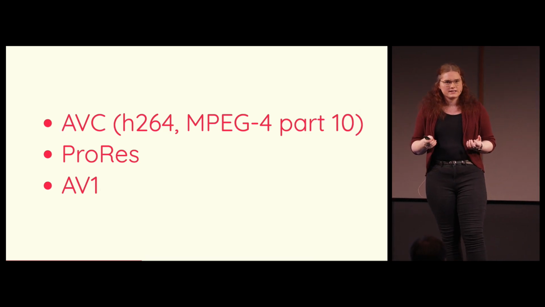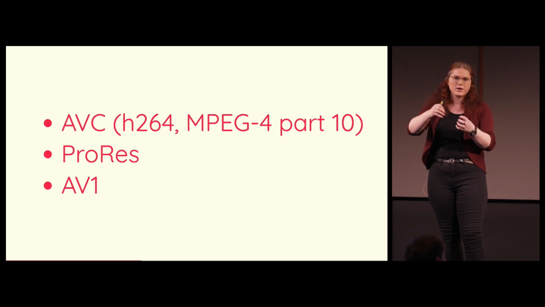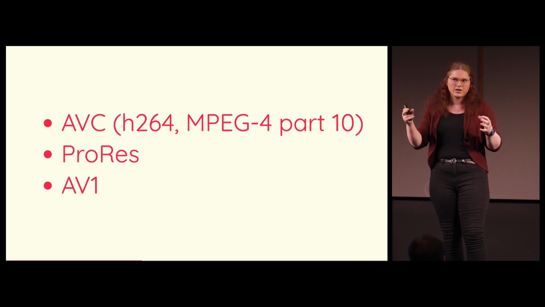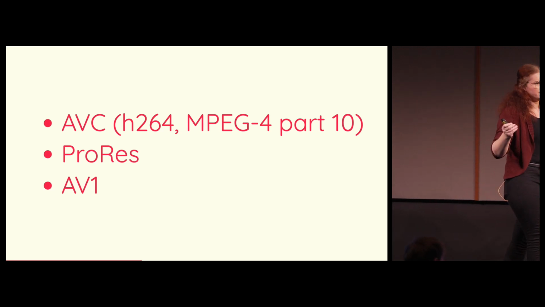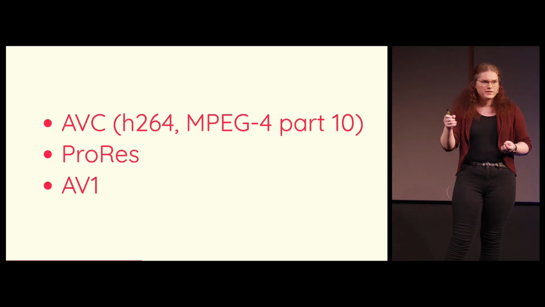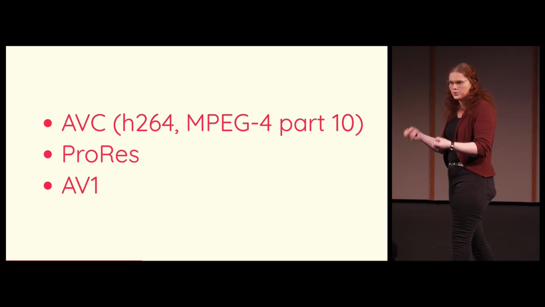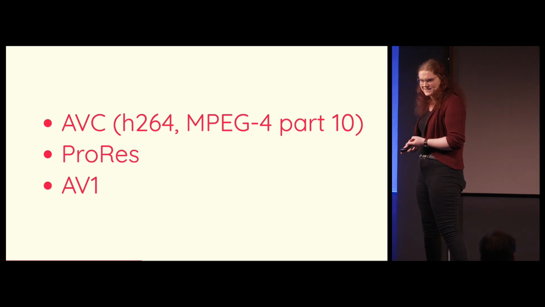ProRes is an example of a codec that doesn't spend that much effort minimizing how big a video file is, but instead makes the file bigger and makes it easier for you to edit. If you put it into DaVinci Resolve or any kind of editing software, you'd see that scrubbing back and forth works more efficiently because the format itself helps you along and has all the data you need ready for you.